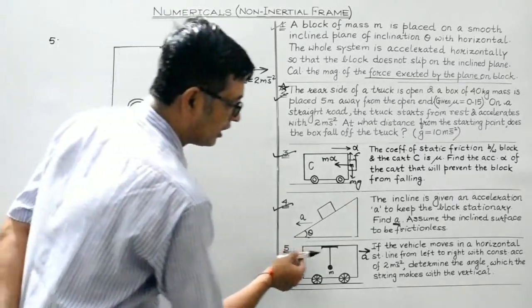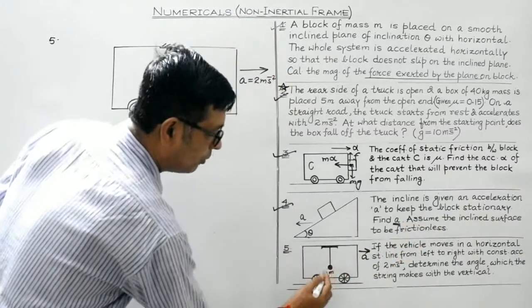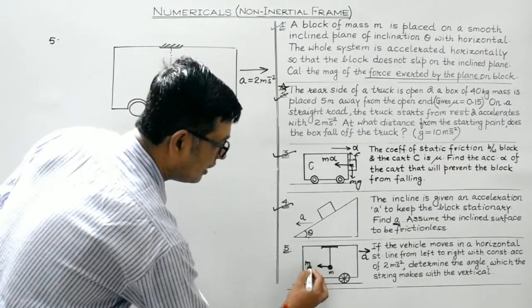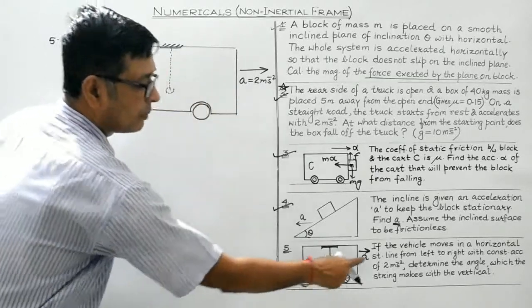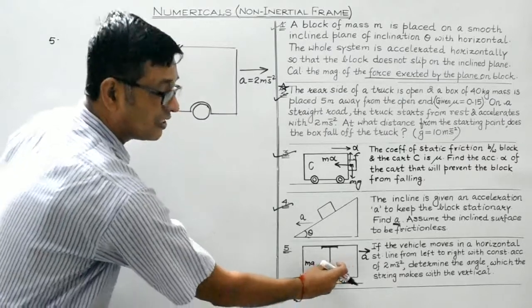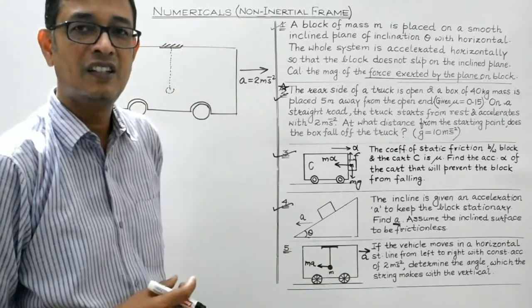So the system is moving along this direction. So this bob will experience a force along this direction, that is ma, the mass of the bob multiplied by this acceleration. As a result, it will get displaced from its mean position, right?